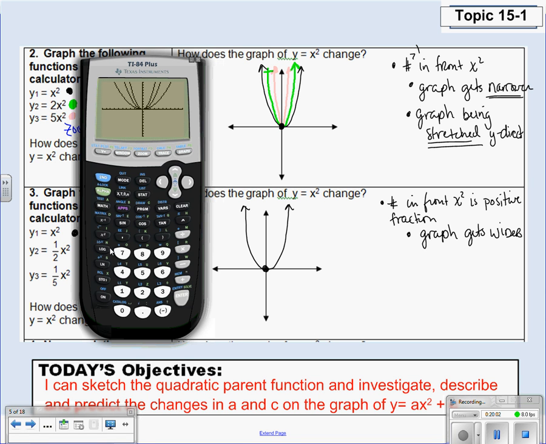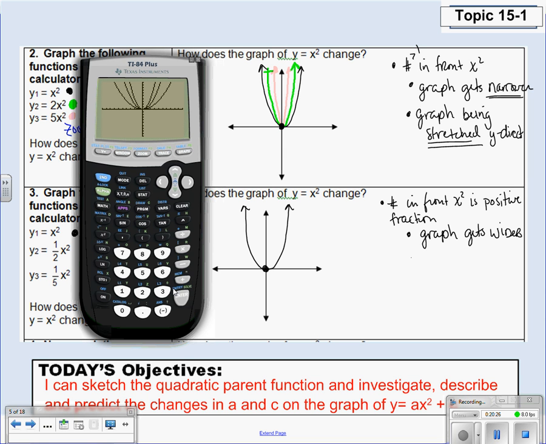And if you notice, the 1/2 is bigger than 1/5. Or let me think of it this way. The 1/5 is smaller than 1/2. So if it is smaller, the smaller it is, the wider the graph. Whereas in problem 2, 5 is bigger than 2, so the bigger it is, the more narrow it's going to be.